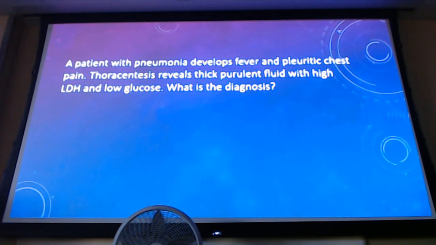Okay, you have a patient with pneumonia who develops fever and pleuritic chest pain. Thoracentesis reveals thick purulent fluid with high LDH and low glucose. What's the diagnosis? Empyema. Good. High LDH and low glucose. Why is it low glucose? Because the bacteria eat the glucose.